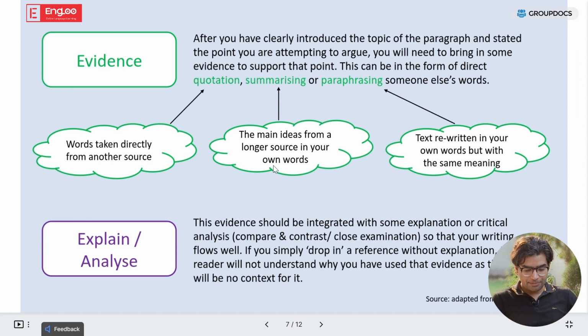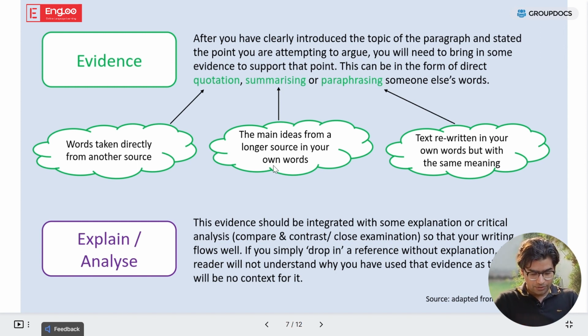If you simply drop in a reference without explanation, the reader will not understand why you have used this evidence, as there will be no context for it. This is why we need to give our points in a logical sequence. So first is point, second is evidence, and third is explanation or analysis.